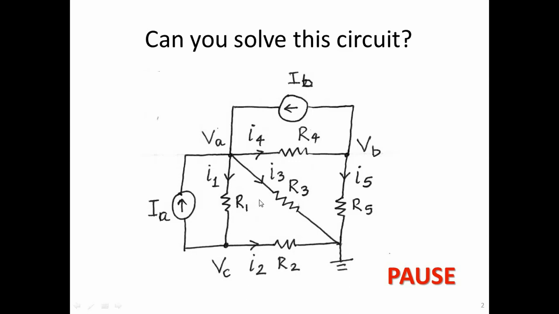Take your time, take 10-15 minutes, whatever it takes to solve and find the answer for this circuit. After you finish, then you continue. Have patience. Of course, the video will continue. That's why I'm saying you pause the video, solve, and then come back to the video. All right, I am going to continue now.